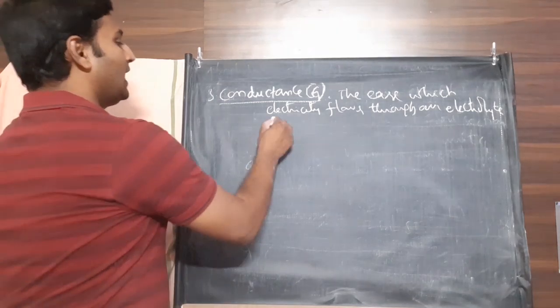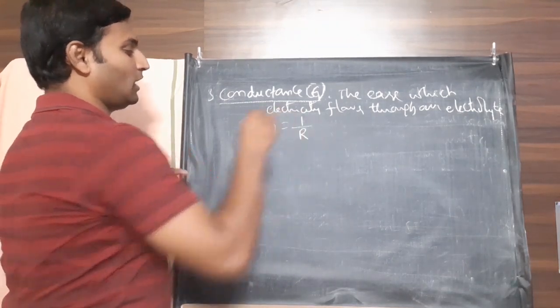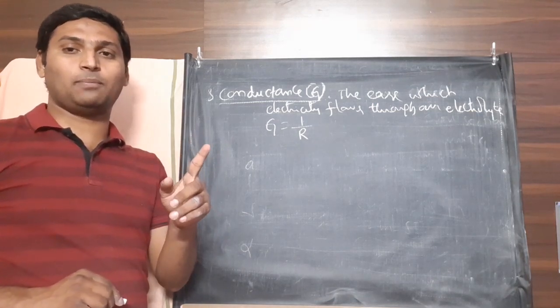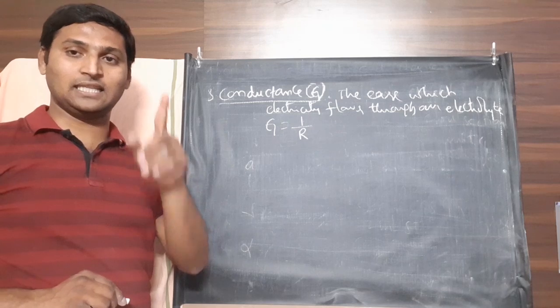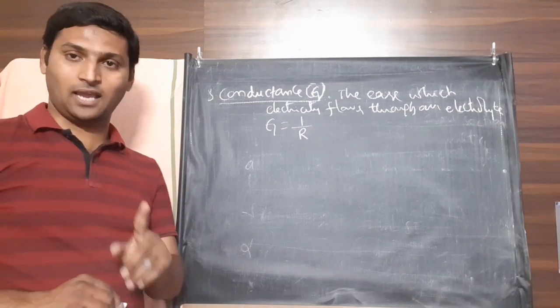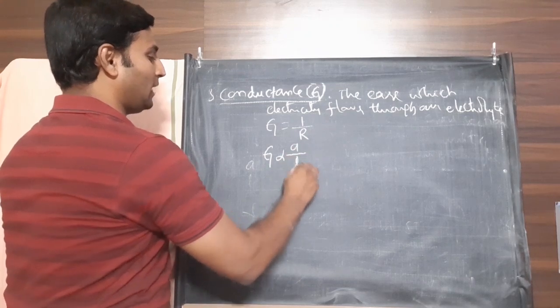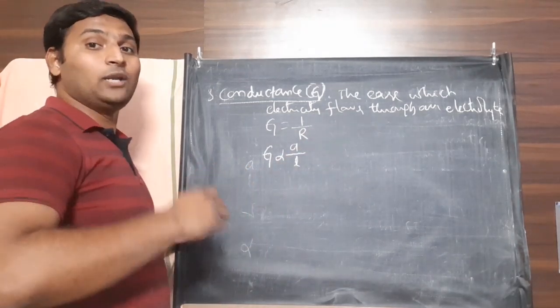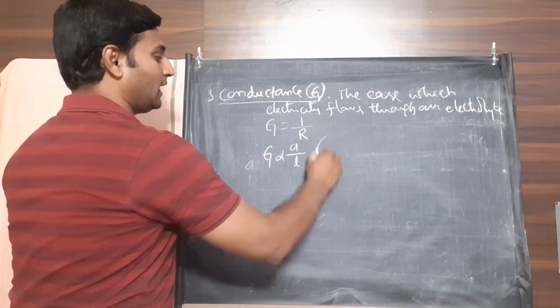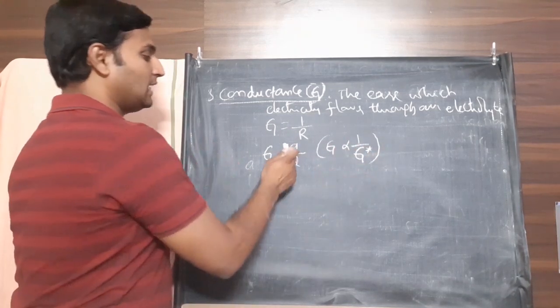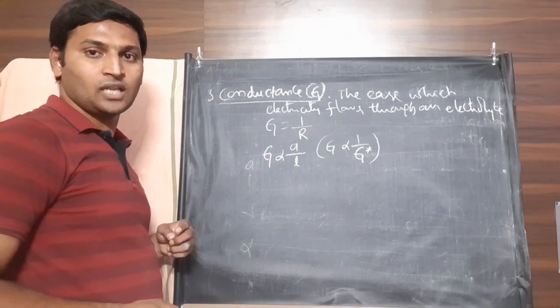That's why conductance is just the reciprocal of resistance. Now we have understood that resistance is directly proportional to cell constant, that is, proportional to L by A. That's why conductance will be proportional to A by L, that means conductance is inversely proportional to cell constant. So I can write G is proportional to 1 by G star, because cell constant is nothing but G star.